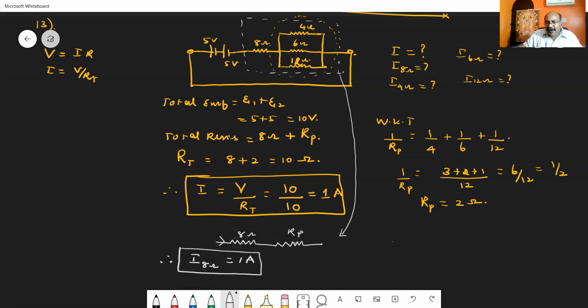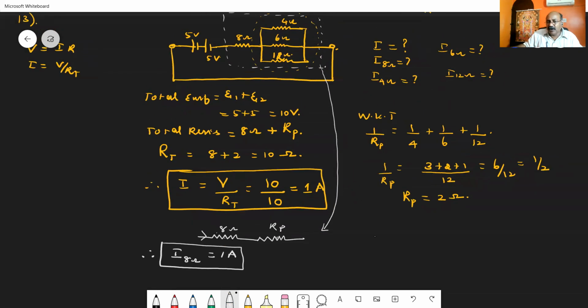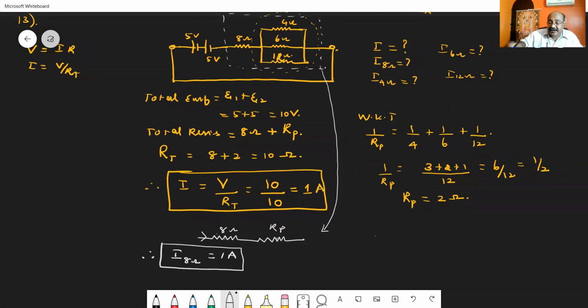But in parallel combination, we know that the potential alone is constant. So we have to calculate the potential difference across RP. What is that potential difference across RP? It is VP, which is equal to the current in RP multiplied by the resistance.